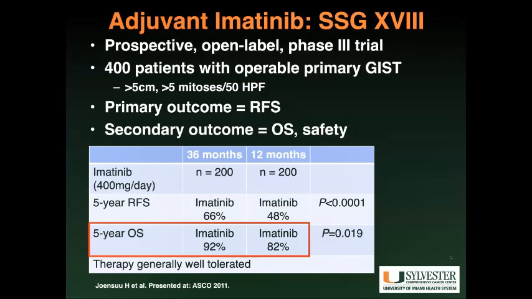So for those 3 categories, most GIST specialists agree to have a discussion about taking imatinib for 3 years. If it's smaller or fewer mitoses, then you can still have the discussion, but there's less data to support the use of imatinib after surgery. But in some situations, there are factors that increase the risk that we do consider and do use adjuvant imatinib after surgery.